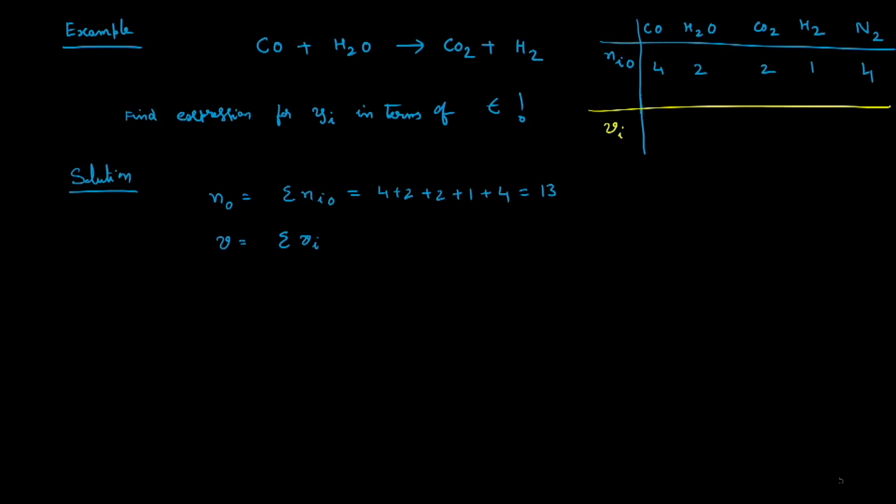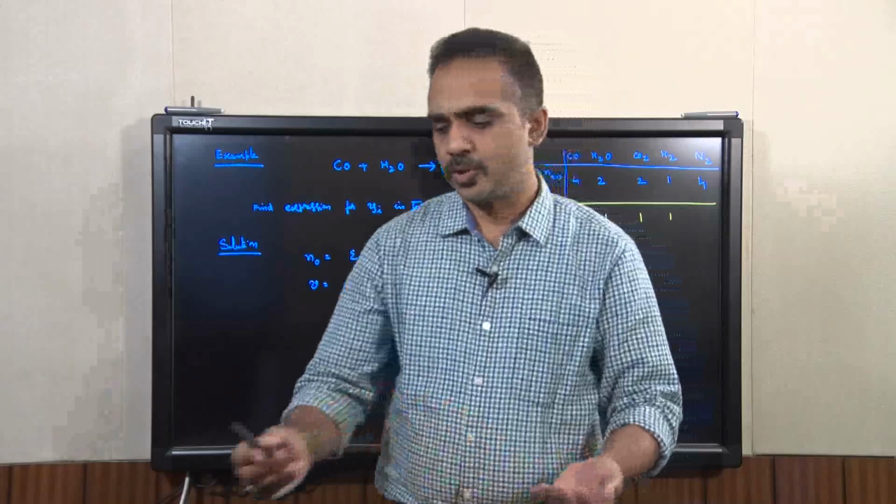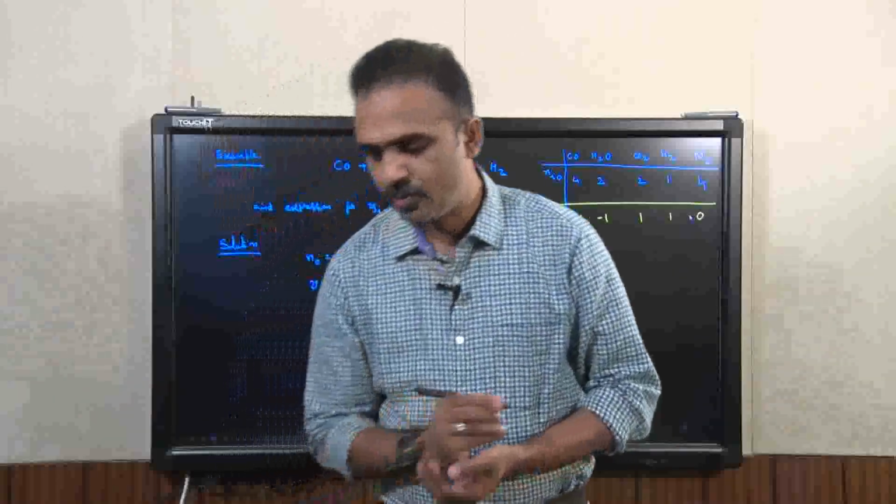Nu I for CO is -1, obviously, because it is a reactant. For water, it is -1 again, because it's a reactant, and 1 mole is going into this balanced reaction shown here. For CO2, it is 1. For hydrogen, it is 1. And for nitrogen, it's an inert. It's not participating in the reaction. So the stoichiometric number is going to be 0 for nitrogen.